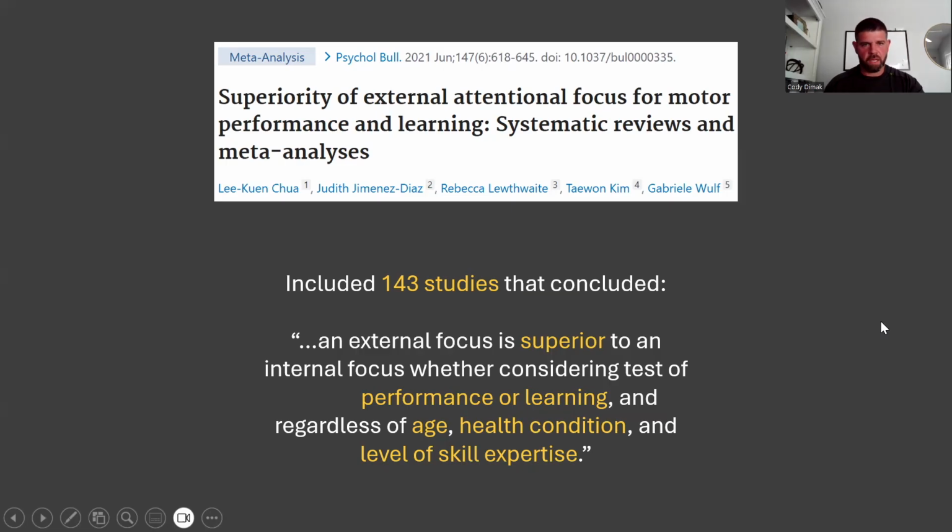So it doesn't matter if we're working with day one athletes or year 40 athletes, external focus of attention and analogies are superior for learning and performance in a game.